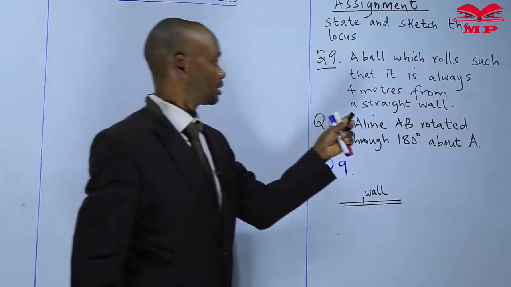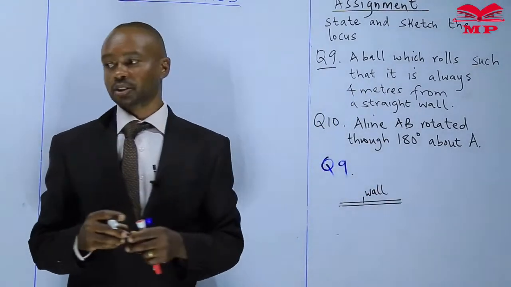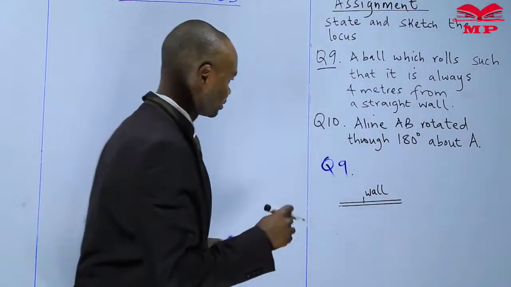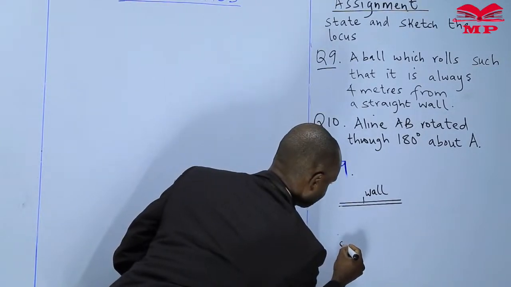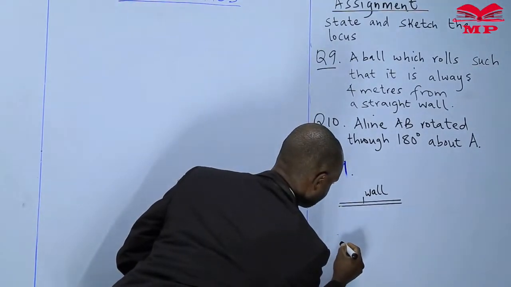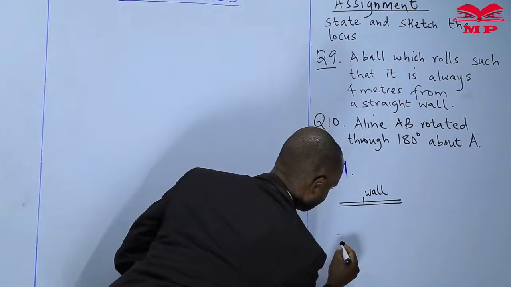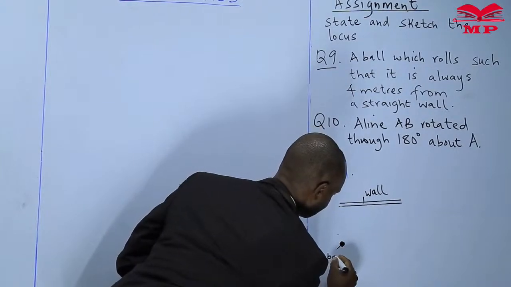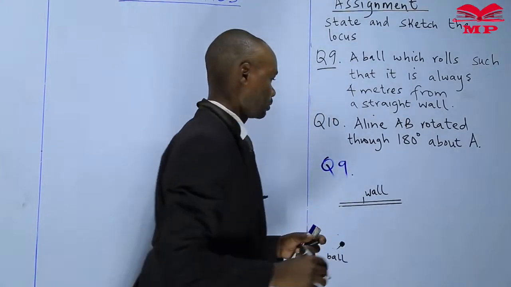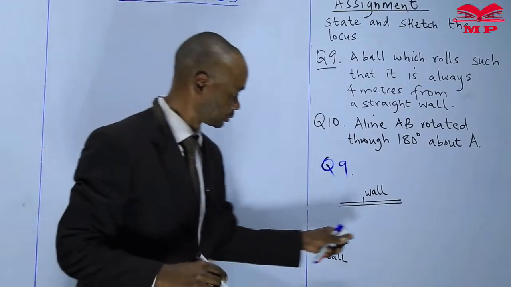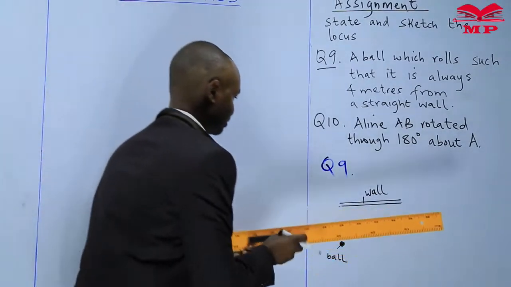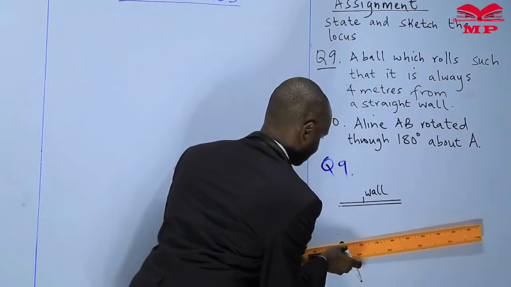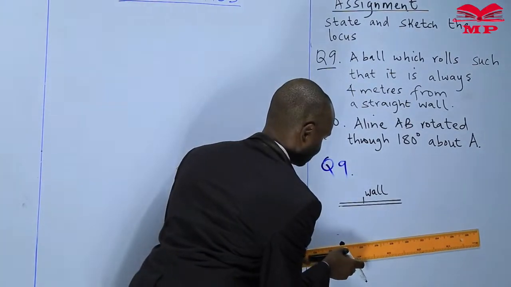Next, I should look at the trajectory of the ball. That is my ball, and it has to roll.